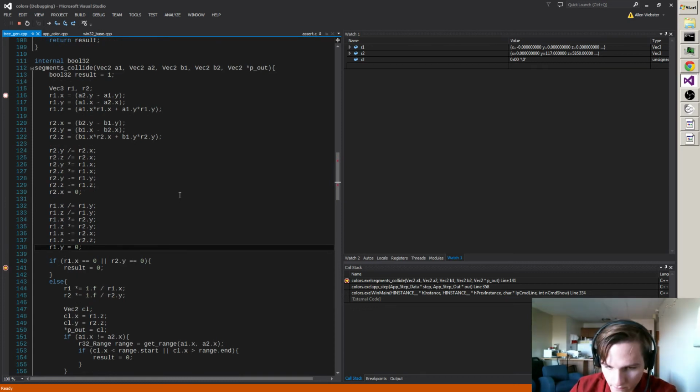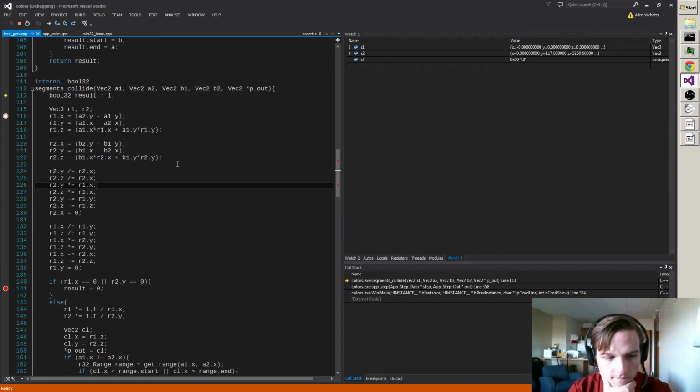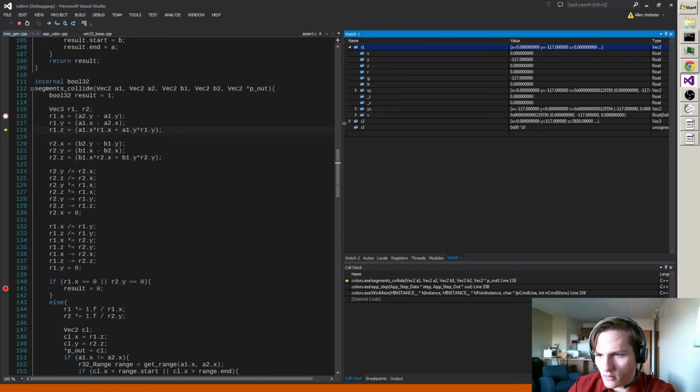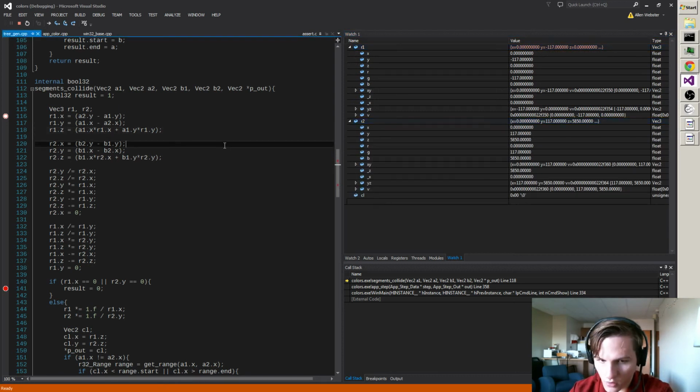The x does. So let's see if this has anything to do with R1 and R2. What do we have in R1? X is 0 in R1. That could be an issue.